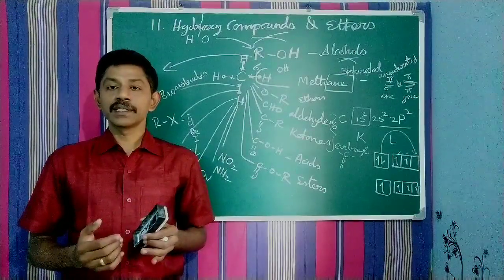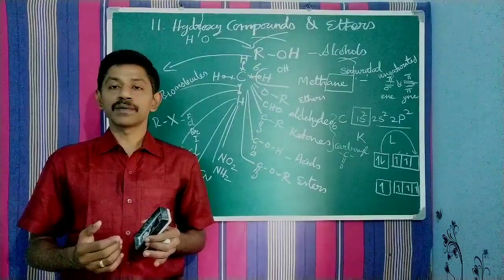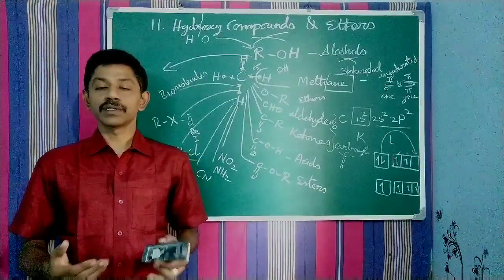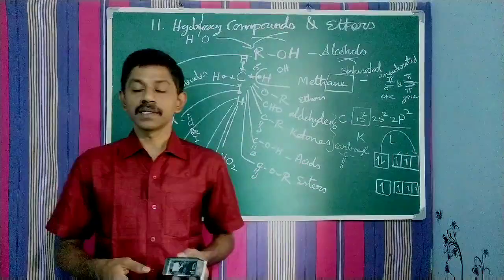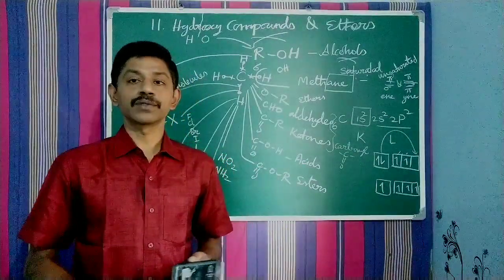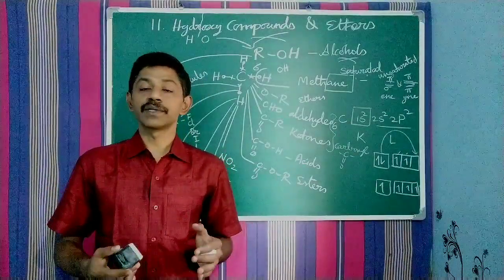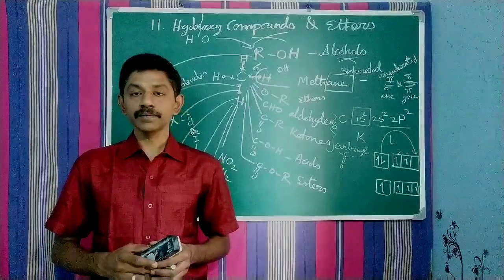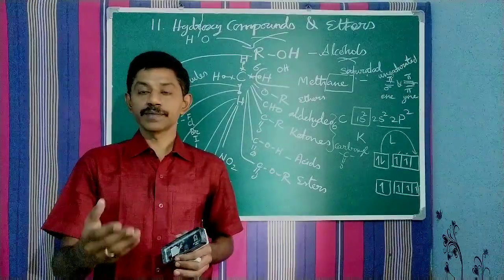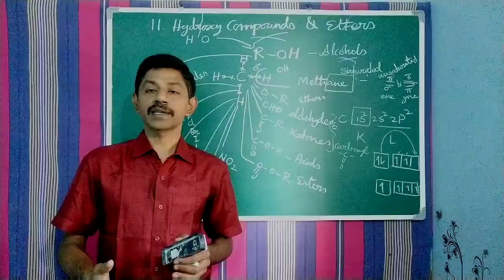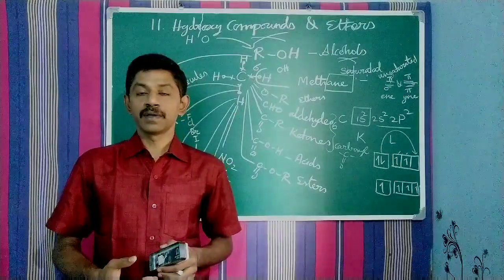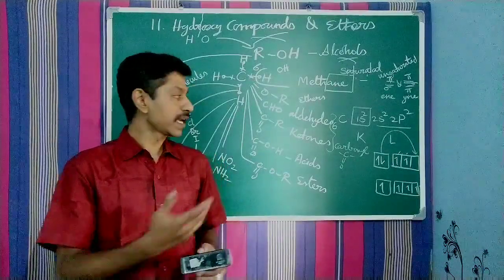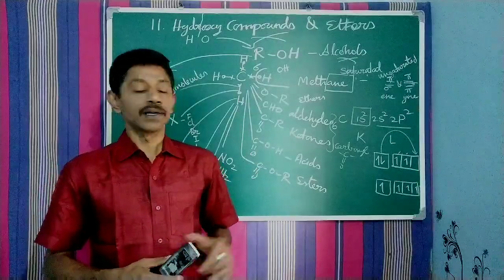When unfortunately they fall onto our belongings like a shirt, or even sometimes skin, and dangerously the eyes, the damage will be permanent. And you would have seen alkali metals reacting even with water. Sometimes explosive, even alcohols we will be learning.